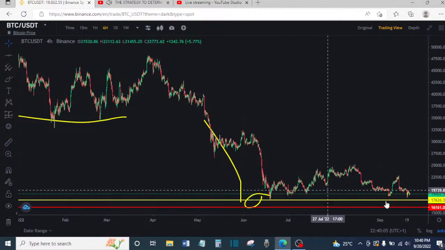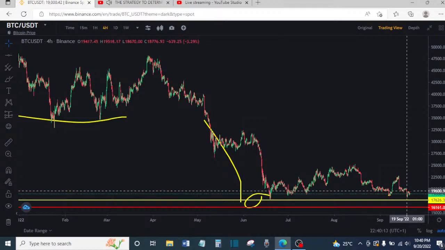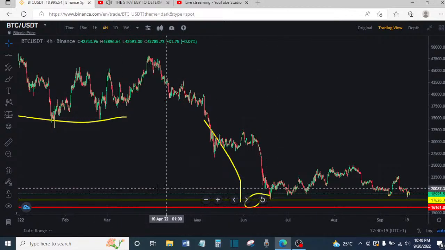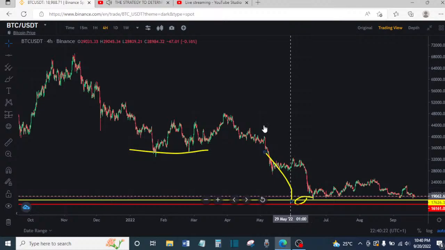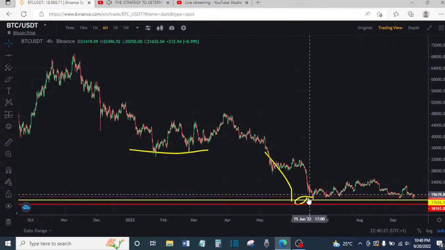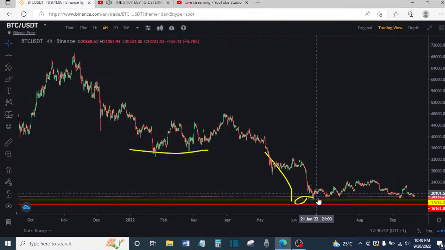For me, this area is a buy zone. But to be more certain about it being a buy zone, I want price to crash down and take out all the stops here, because this area where we have the yellow line is a major stop area. On the weekly chart, we have it as a double bottom, and it created more bottoms.